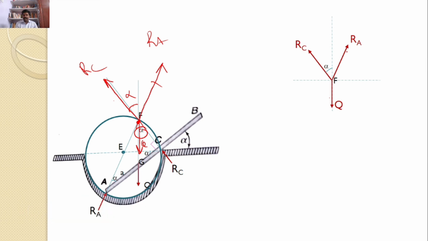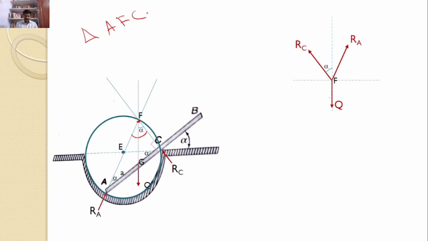Next, the angle made by RA is required. Now, look at this triangle carefully. Consider the right angle triangle AFC. In right angle triangle AFC, here you can find 90 degrees. Here you can find alpha. So this total angle must be equal to 90 minus alpha.